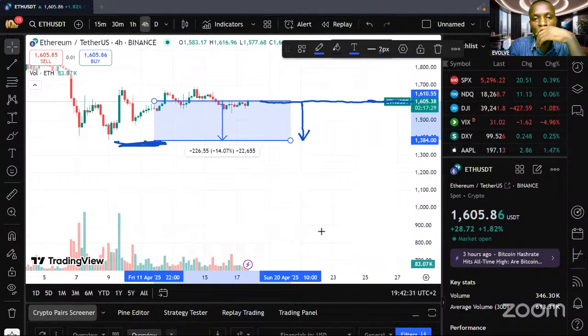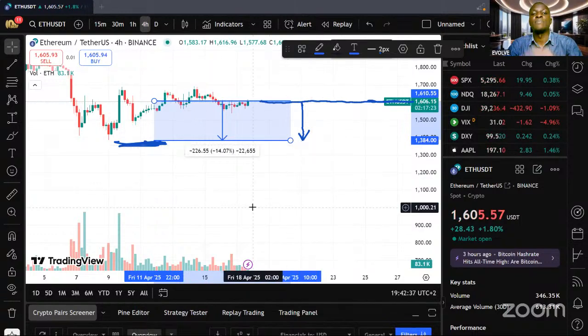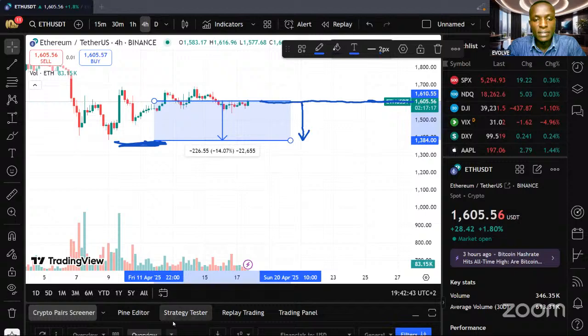From the current price to where I have just measured, what is the percentage? Are you seeing what I am showing you?